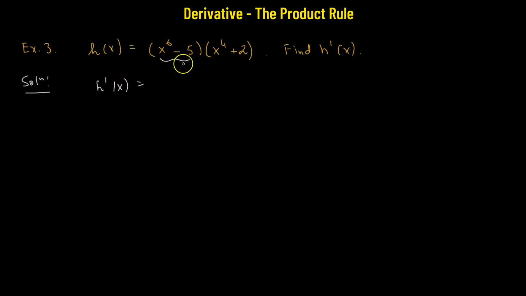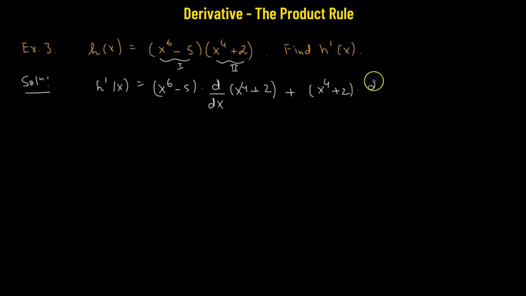So we will treat this as the first function and x raised to the power of 4 plus 2 as the second function. So we begin with the first function and multiply it to the derivative of the second function. Plus, now we consider the second function, x raised to the power of 4 plus 2, and multiply it to the derivative of our first function, which is x raised to the power of 6 minus 5.